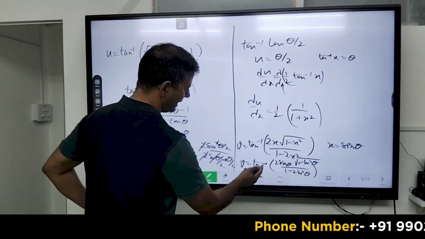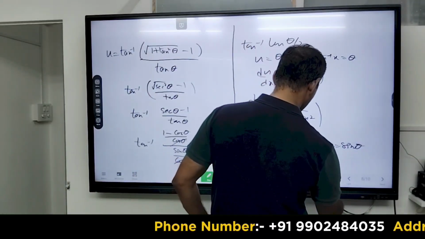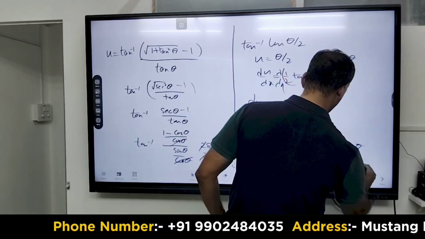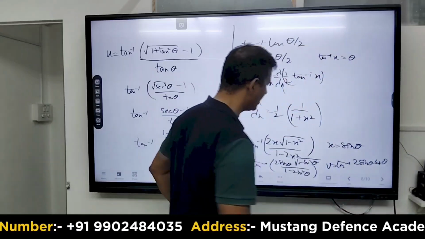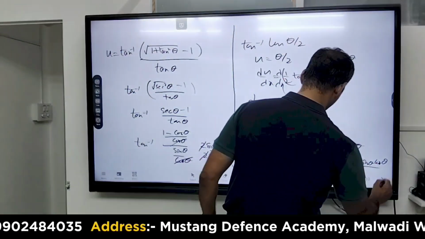V is equal to tan inverse of 2 sin theta root of 1 minus sin squared theta upon 1 minus 2 sin squared theta. 1 minus sin squared theta is cos squared theta, the root goes, so it becomes cos theta.